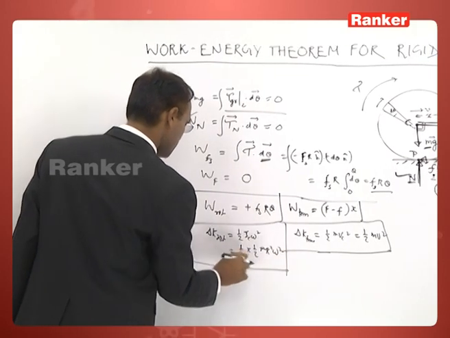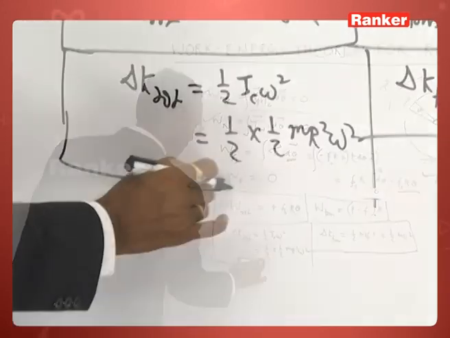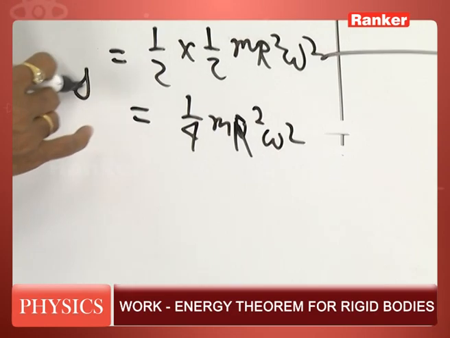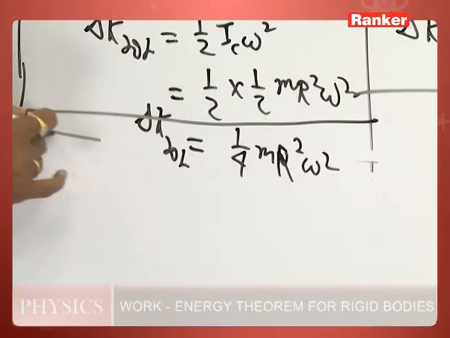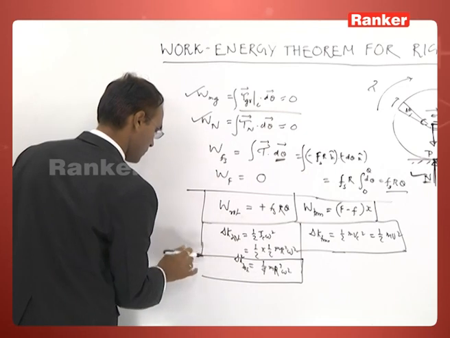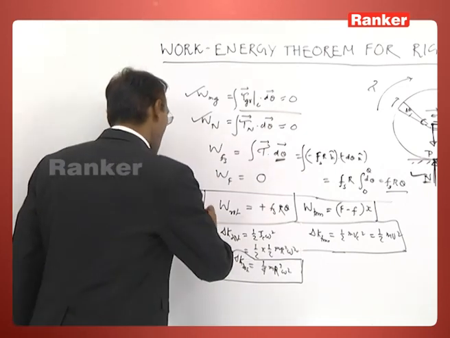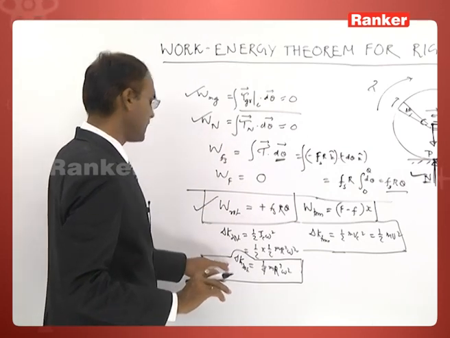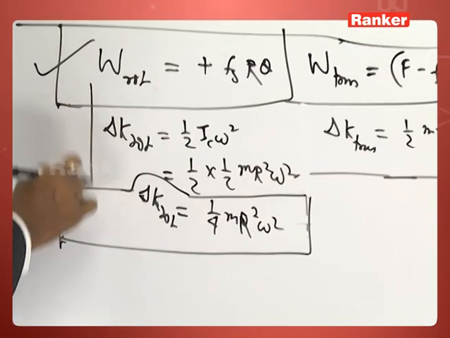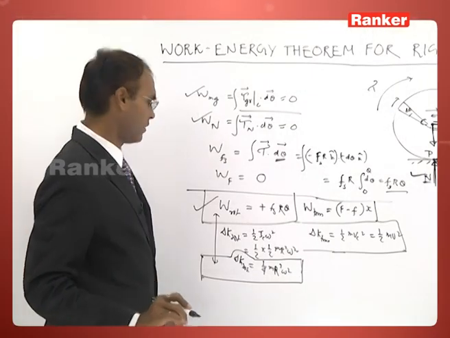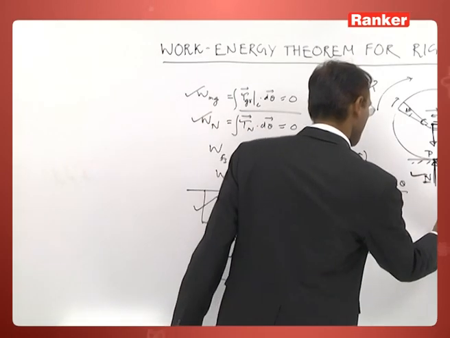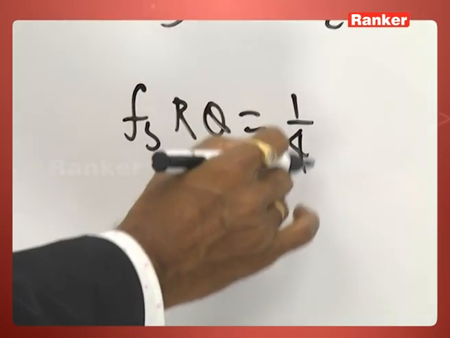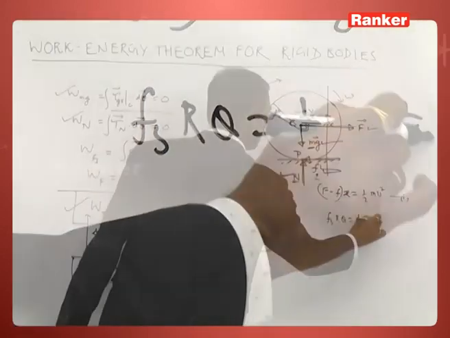Half into half is 1 by 4 m r square omega square, the change in kinetic energy of rotation. This is the work done by all forces in rotating the object, and there is a change in rotational kinetic energy. So you have to just equate these two to get Fs into r into theta equal to 1 by 4 m r square omega square.